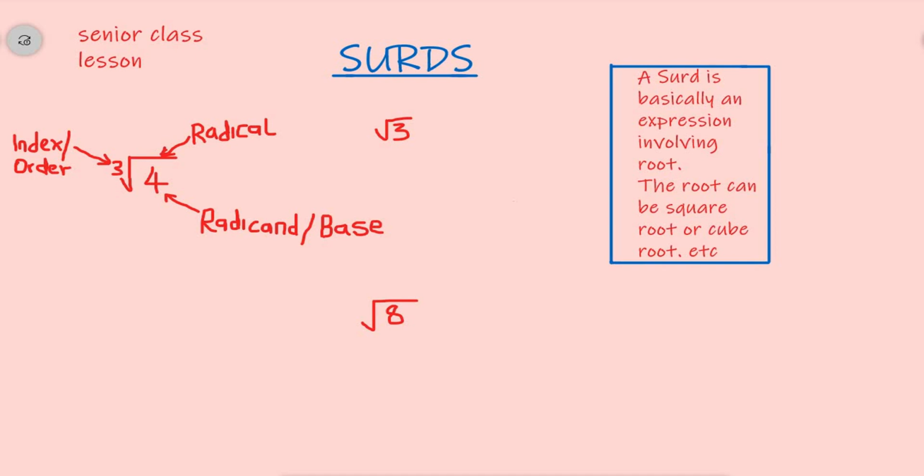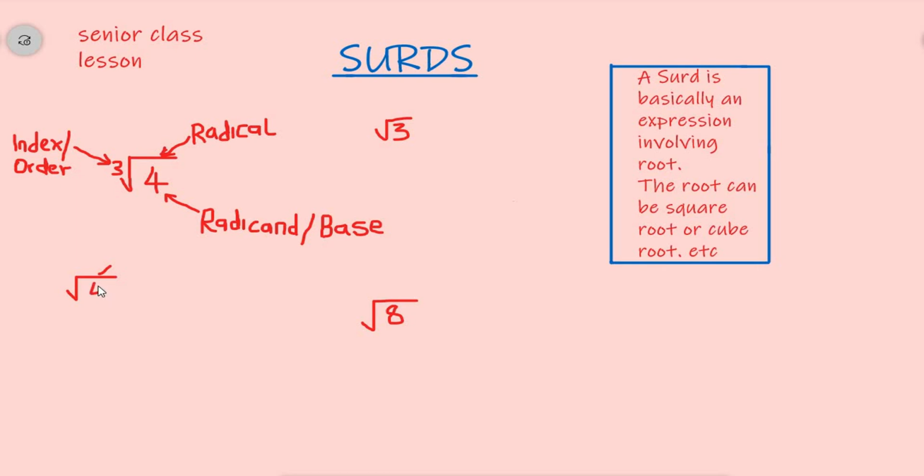As you can see here, this diagram is the root and is called the radical. This is the radical sign, while this 4 inside is the base.